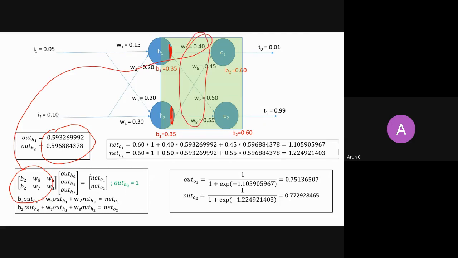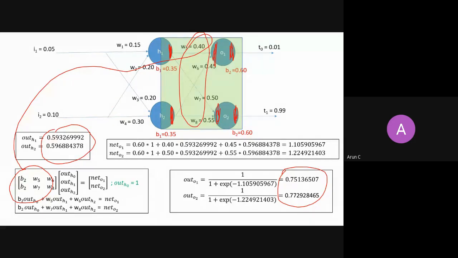You multiply these things, right? You get the net input. You apply the nonlinearity, you get this output, right? So this is Z1 here. This is Z2, right?